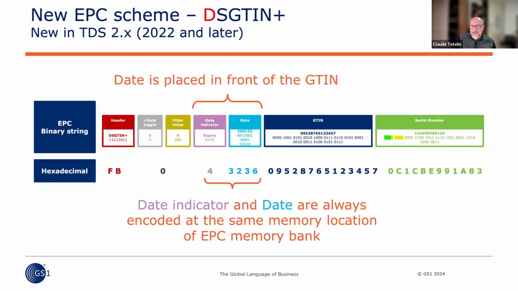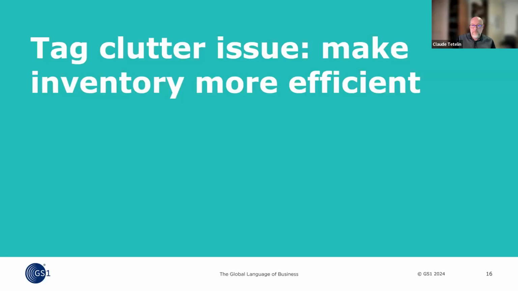So it becomes very easy to select tags based on the value of this encoded date. And if you want to know more about these new EPC schemes and TDS 2.x, please contact my colleague Craig Alan Repek. His contact details are provided at the end of this presentation.